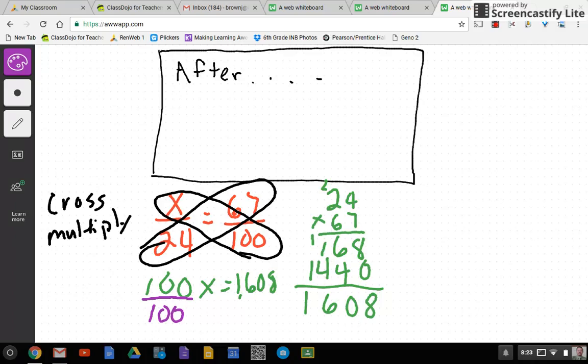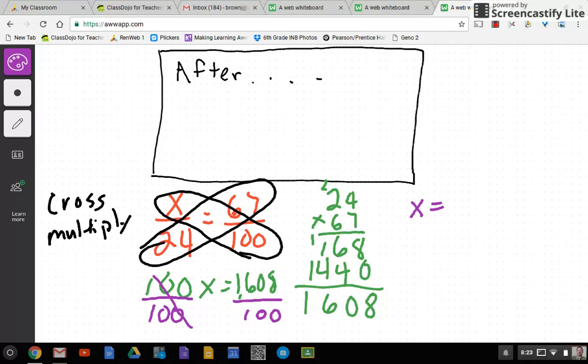Now, in an equation, everything has to balance out. So in order to balance this out, I have to do the other side. So if you do 100 divided by 100, you get 1. Well, 1x is the same thing as x. So I'm going to come over here and put down x, because those cancel.